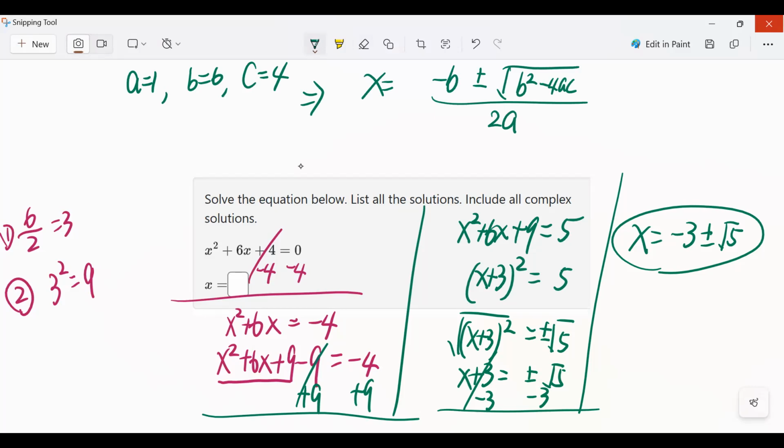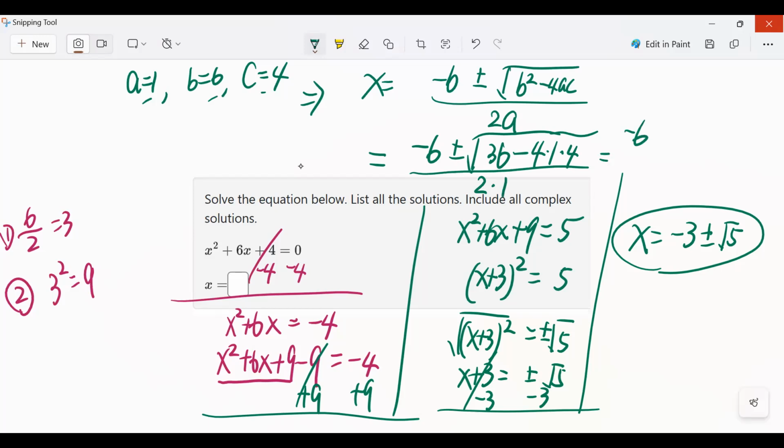Now you're just throwing the 3 numbers into the formula. So that's going to be minus 6 plus or minus radical of 6 squared, 36, minus 4 times 1 times 4, over 2 times 1.